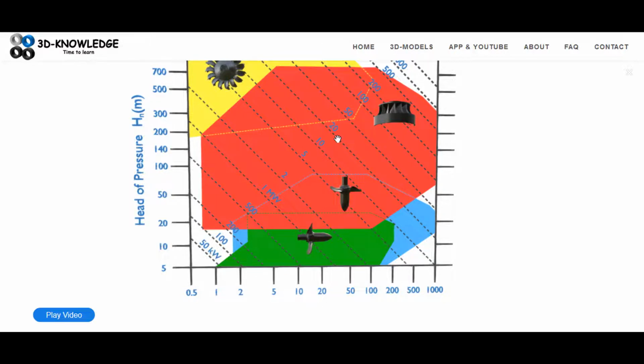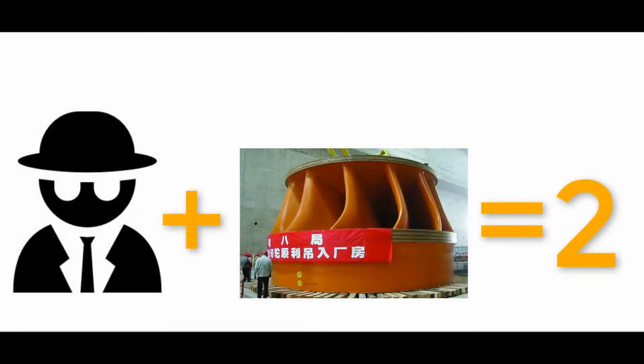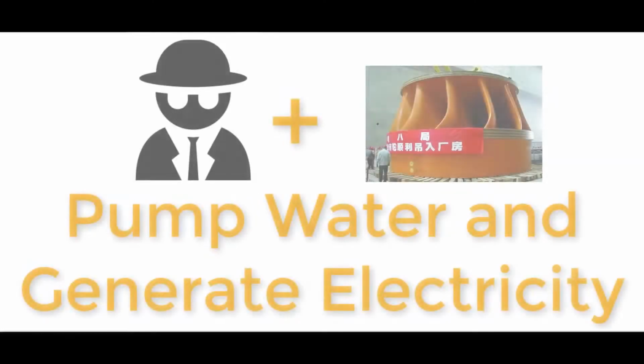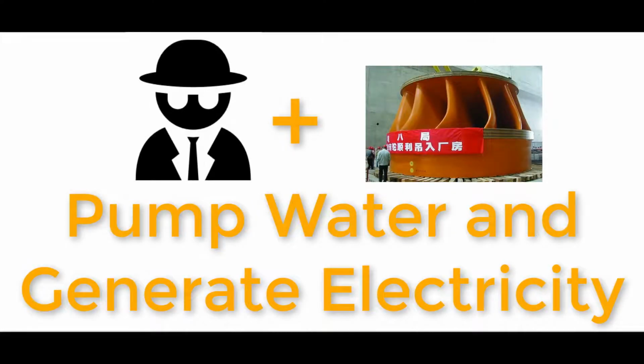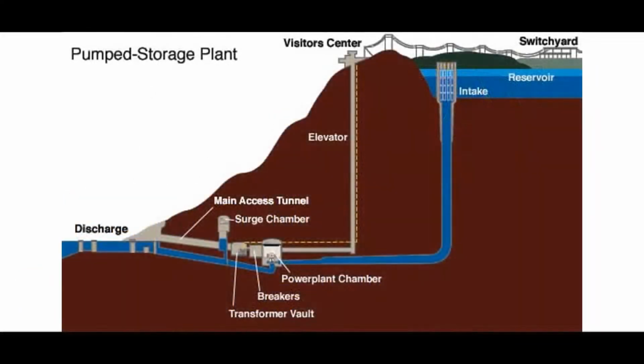The Francis turbine is also what I dub the secret turbine. The secret turbine has two functions, or it can have two functions. If you have a radial flow Francis turbine, you can also use it to pump water. So it's got two functions, or it can have two functions by design. That means if you're taking water out of an upper reservoir to a lower reservoir and it's passing through the Francis turbine, you can generate electricity.